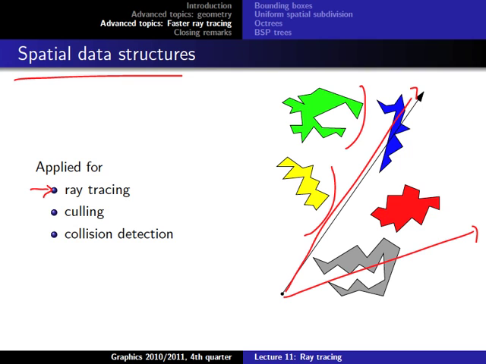So this is also important for culling, and it is also important for collision detection, and this is the major relation, or the most important part, I think, from ray tracing techniques that is also important for game development if you program on the hardware, which is the collision detection.